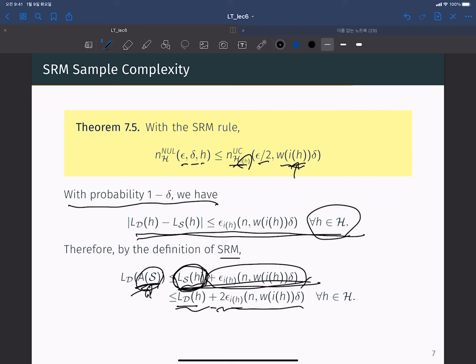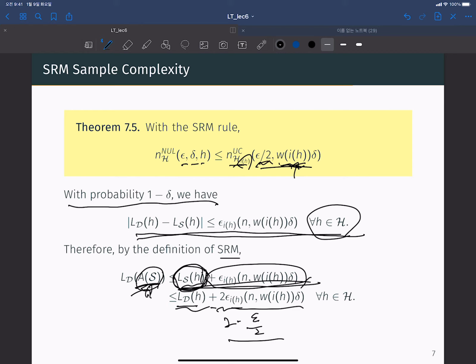So when we have a number of samples that satisfies epsilon over 2 times w_{i(h)} times delta for learnability, then for the hypothesis h, we have a 2 times epsilon over 2 generalization error bound.